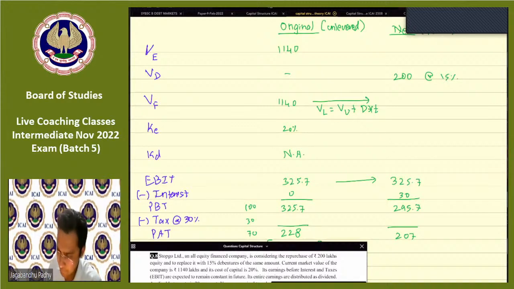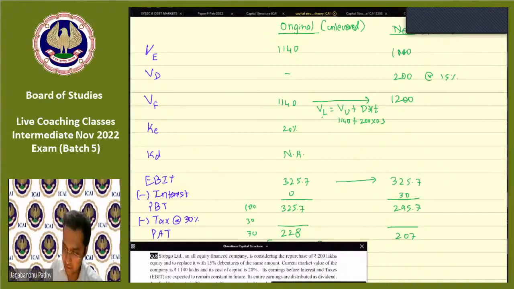So this works out to be 1140 plus debt of 200 into tax rate of 30%. This will work out to be 1200 as the value of the firm. Overall value of the firm is going to be 1200, and we can get the value of equity by simply looking back and seeing that this is 1000.